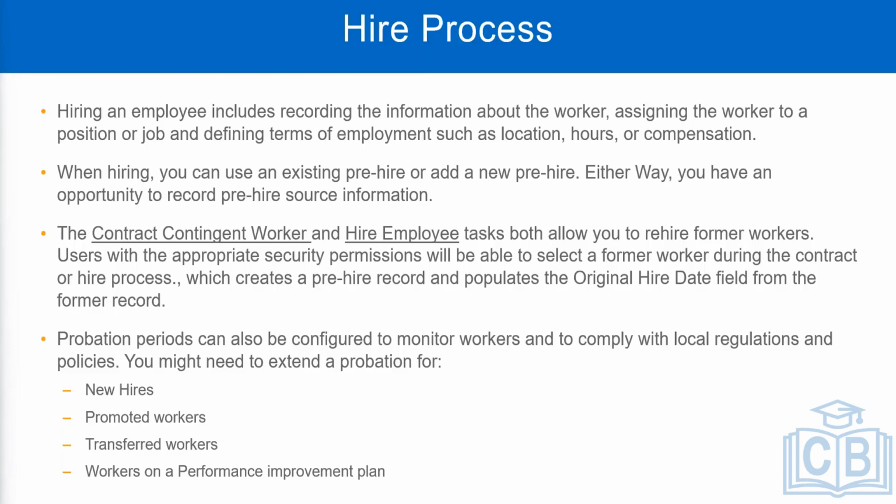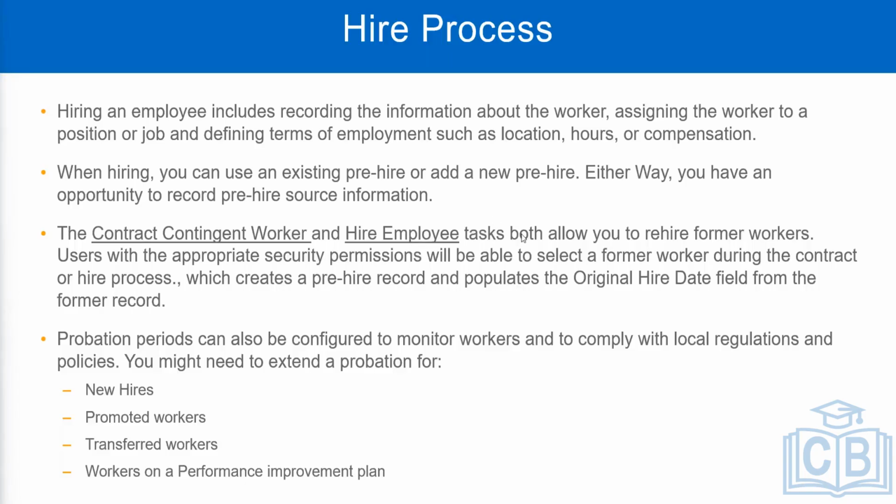And contract contingent worker will help you to do what? To bring in a contingent worker, and the hire employee task allows you to get a worker as an employee. There are two different tasks: contract contingent worker for contingent workers and hire employee for employees.